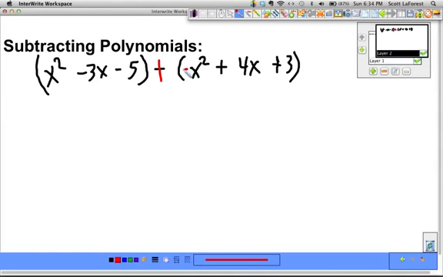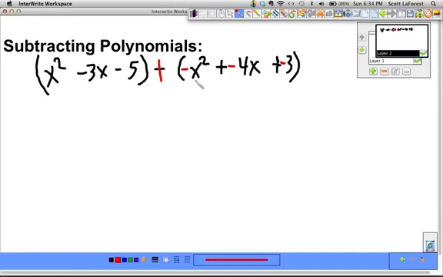So I'm going to make this a negative, I'm going to make this a negative, and I'm going to make this a negative. Okay, so you have to distribute the sign change to each one of them. Okay, or you can think of it, you're distributing the subtraction to each one of them. But since the way I like to think of it, we change the sign here, that means everything in there has to get its sign changed.